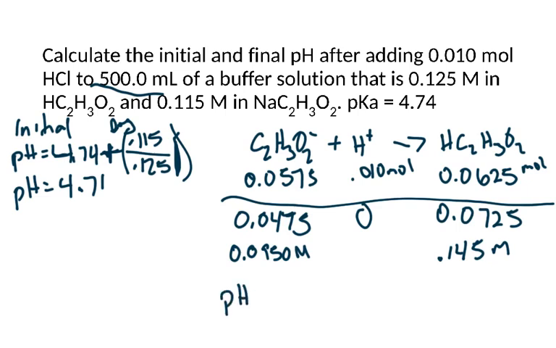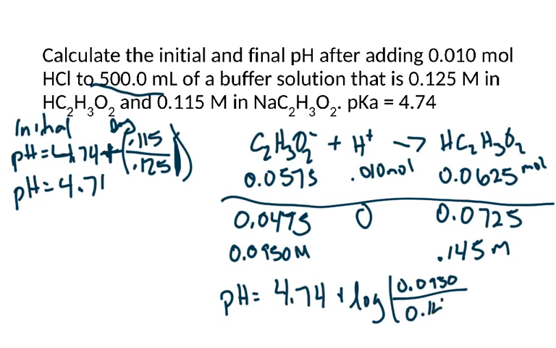So now my pH is going to be my pKa 4.74 plus the log of, this is my conjugate base, 0.0950 divided by 0.145, which gets me a pH of 4.56. And again, it makes sense that we became more acidic because we're adding hydrochloric acid to our buffer.